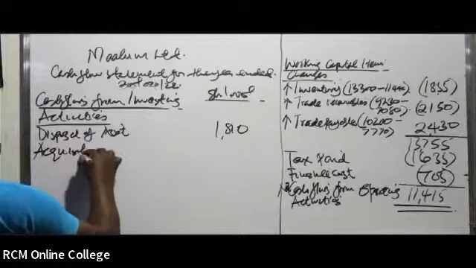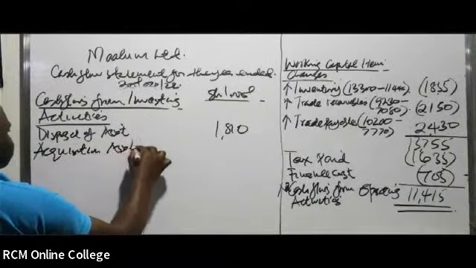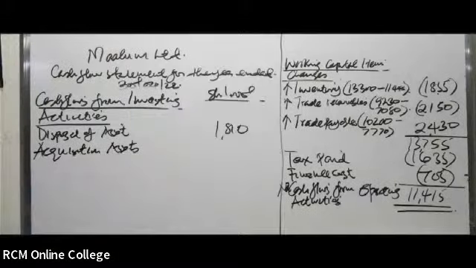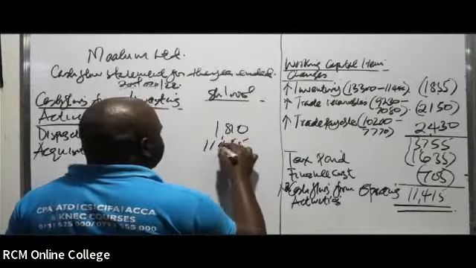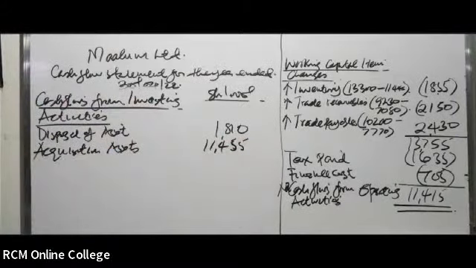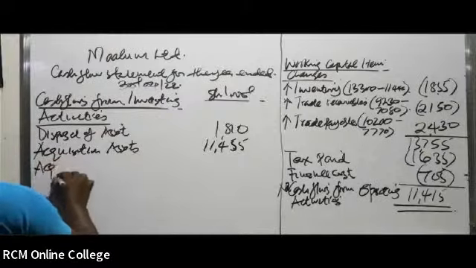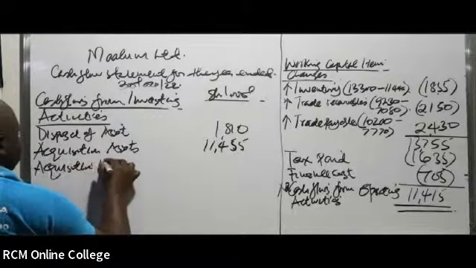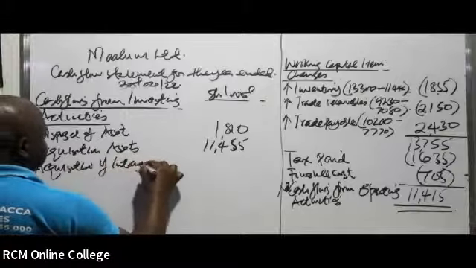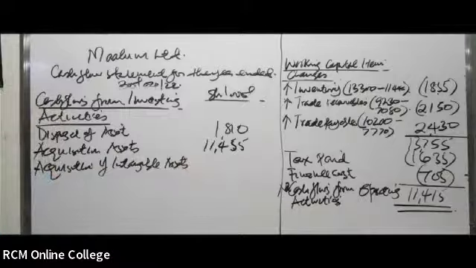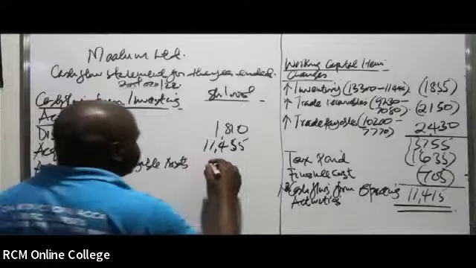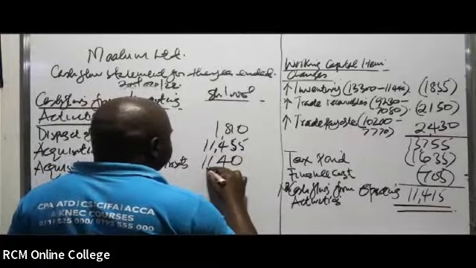I think you are getting 11,455. Then we have acquisition of intangible assets, which came to 1140.